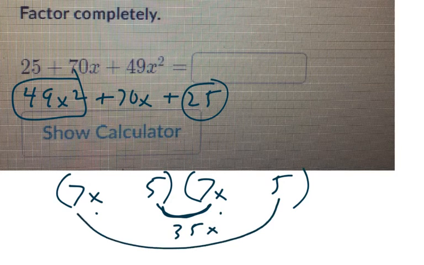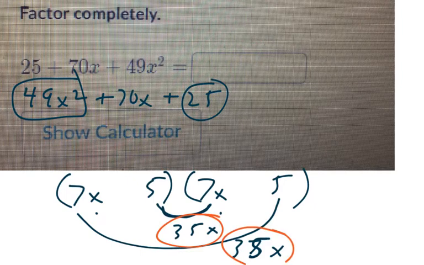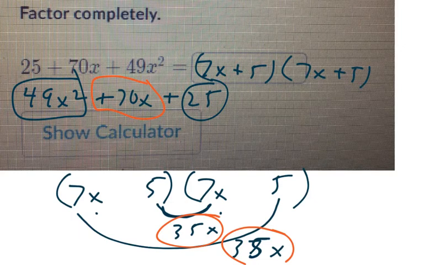The 5 times 7x on the outer loop is going to give me 35x as well. Do you guys agree? 35 and 35 is 70. And so we have our answer. We're going to type in right here 7x plus 5. 7x plus 5. And that is a factored form of that.